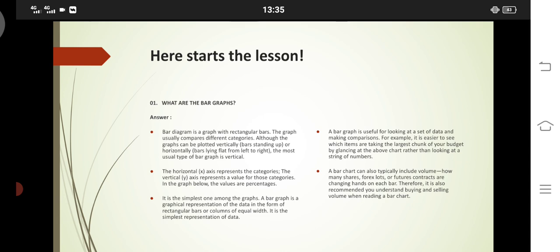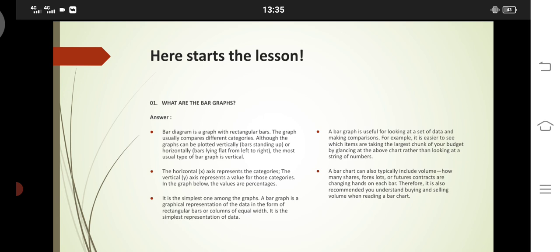A bar graph is useful for looking at a set of data and making comparisons. For example, it is easier to see which items are taking the largest chunk of your budget by glancing at the above chart rather than looking at a string of numbers.